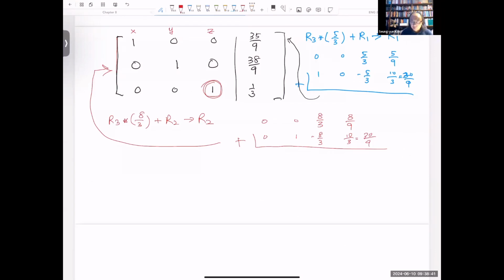The first column represents the X coefficients, the second column the Y coefficients, and the third column Z. So our answer is X equals 35 over 9, Y equals 38 over 9, and Z equals 1 over 3.